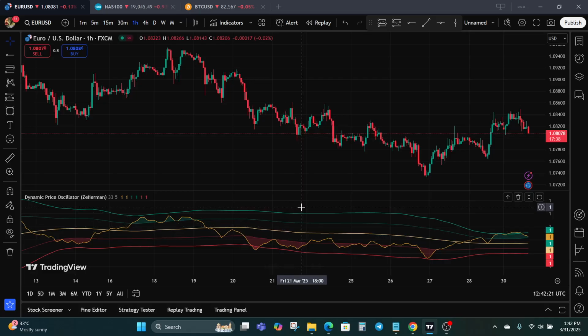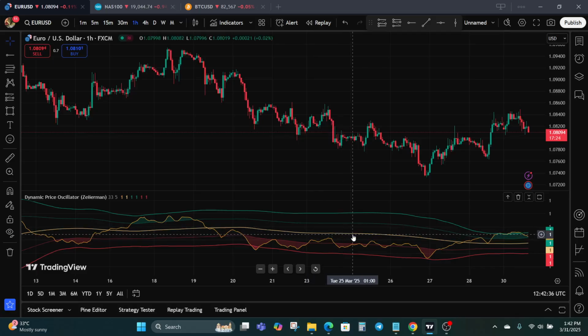Now let's just quickly break down how this indicator works in real trading conditions. The DPO is different from standard indicators like RSI or MACD. Instead of just showing overbought or oversold conditions, this indicator tracks price momentum in real time.